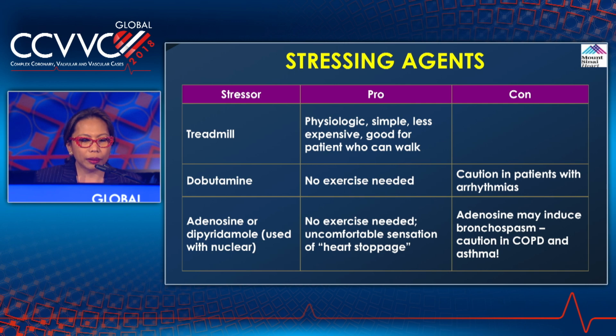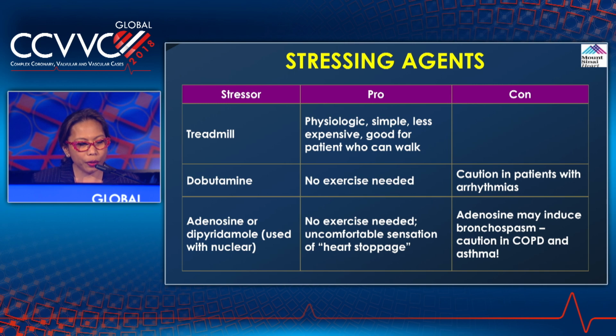For a treadmill, it's physiologic, it's simple, it's less expensive, and it's good if your patient can walk. For dobutamine, you don't need exercise. You just inject the dobutamine and your heart rate goes higher, and that's the treadmill part. But be cautious when your patient has arrhythmia.